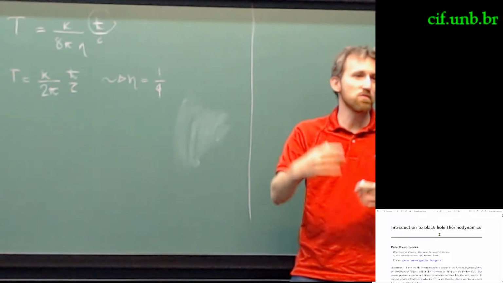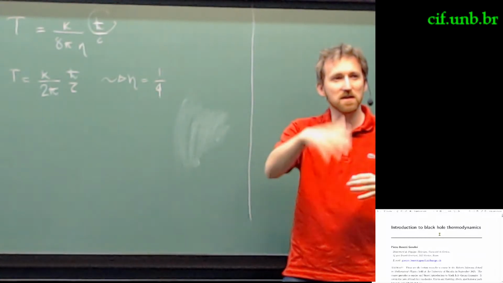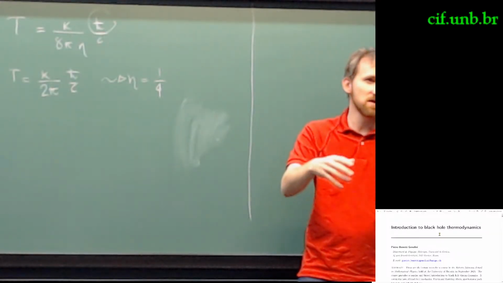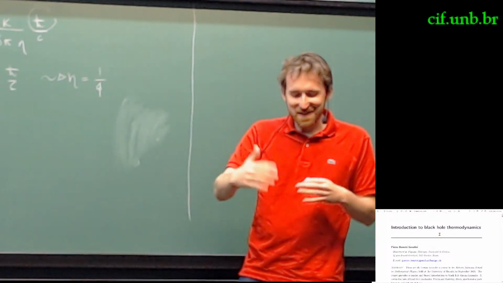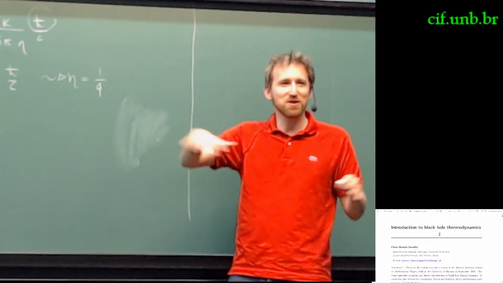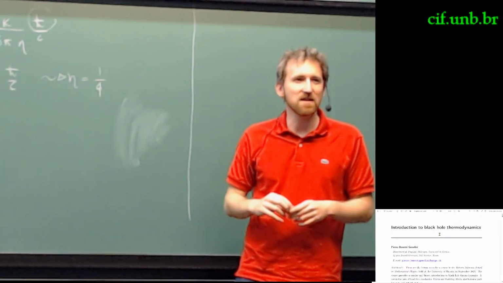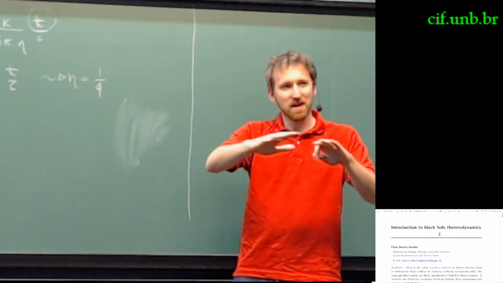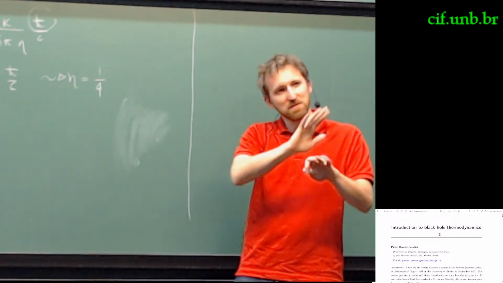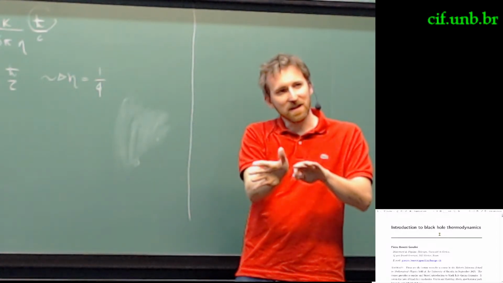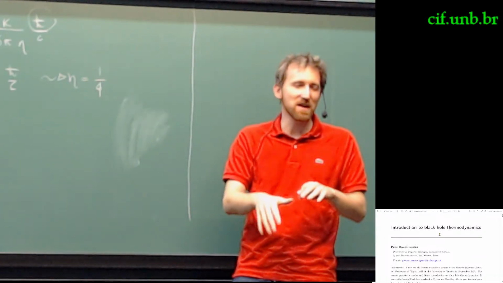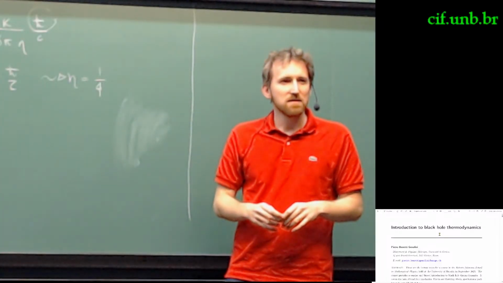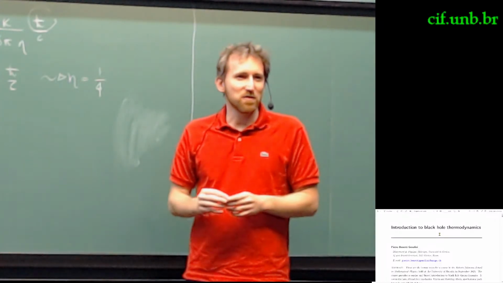So the mass is whatever appears as the leading order in the Newton potential, in the Newtonian approximation to g_tt, and the angular momentum is whatever appears in the cross terms between time and the Cartesian coordinates in the transverse plane. So yeah, it's sort of a Noether theorem.